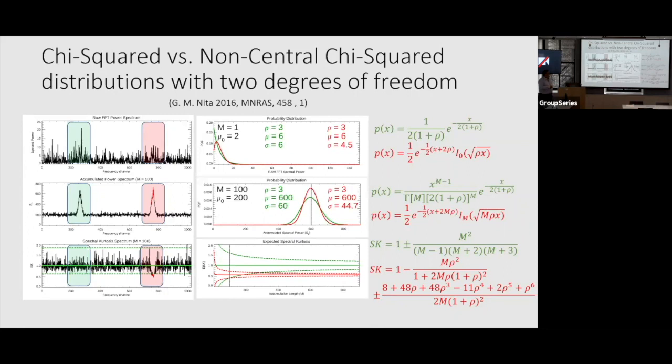While if you look at the spectral kurtosis expectation for this type of signal, the RFI, you get 1 and some complicated relationship in which you have the number of accumulations, but also the signal to noise ratio of your RFI. And this is just the first-term expansion of this uncertainty. So this is actually the expectation, and this is the variance of this estimator in this particular case. And this depends on the number of accumulations.